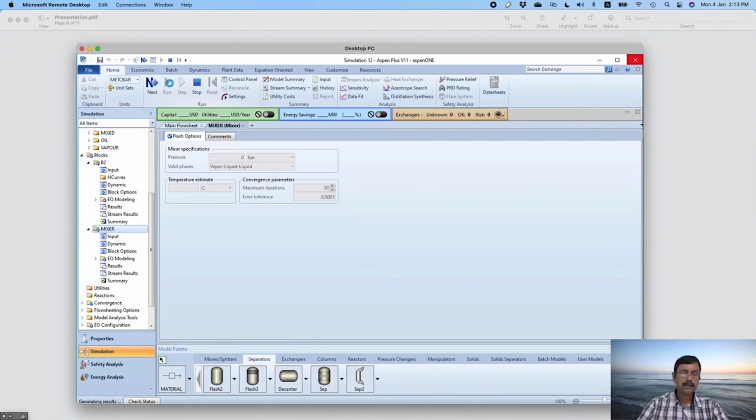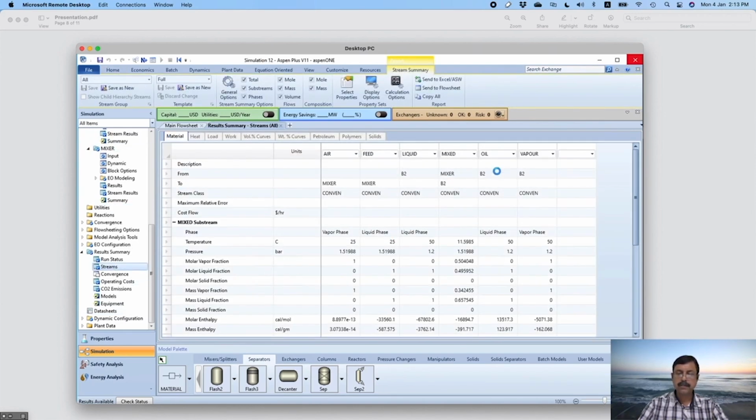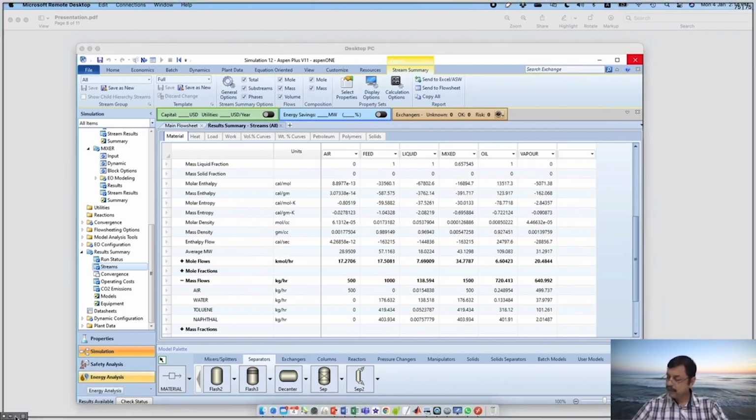Yes, so it has run and the results are ready. We have 3 things to see: liquid, oil and vapor. Now let us see the components. We have a total of 1500 kg per hour, out of which the liquid contains 138.594 kg, of which 138.518 is water.